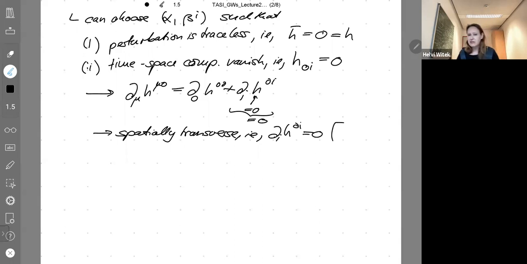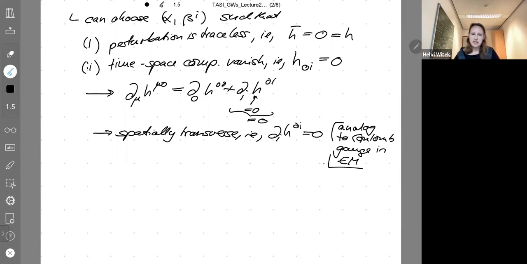If you wish, this is analogous to the Coulomb gauge that you can have in electromagnetism. That's just a side note.